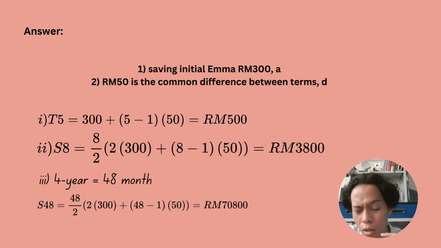For number two, use the Sn equation and put all the info into this formula, and you will get 3,800 ringgit. For the third question, 4 years equals 48 months, so you can also use the Sn formula with n equals 48 months, and you will get 70,800 ringgit.